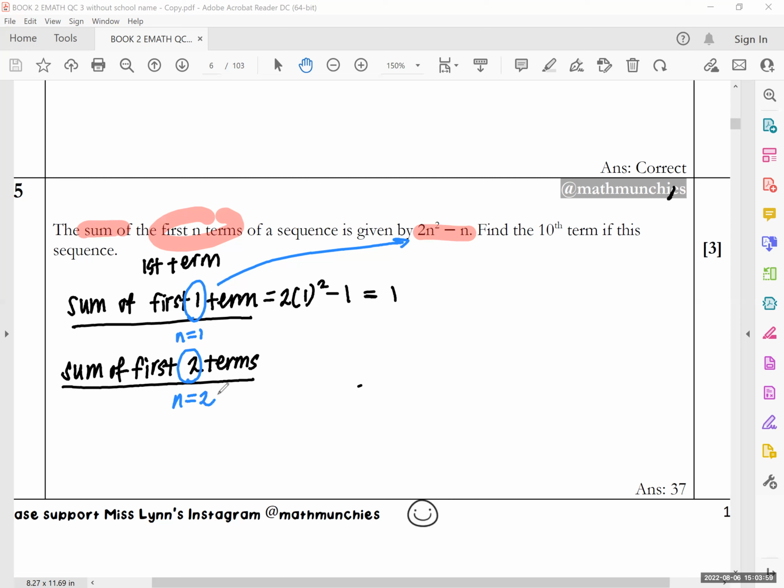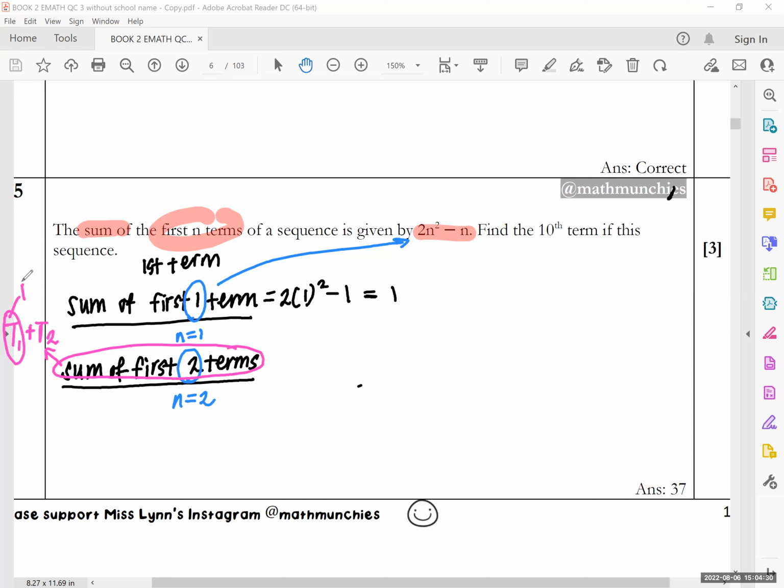And what does the sum of the first two terms mean? I don't write it as first term, I just write T1 and T2. So you all know that T1 means first term, T2 means second term, right? And do I know what my T1 is already? 1. I know it's 1.